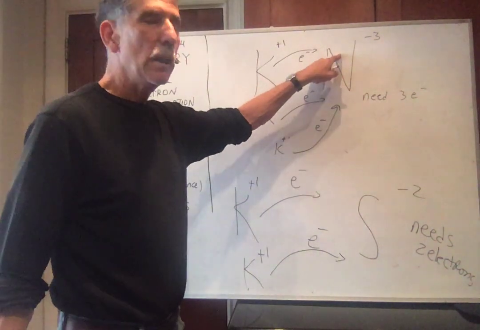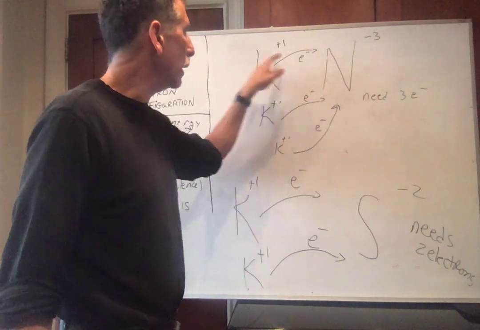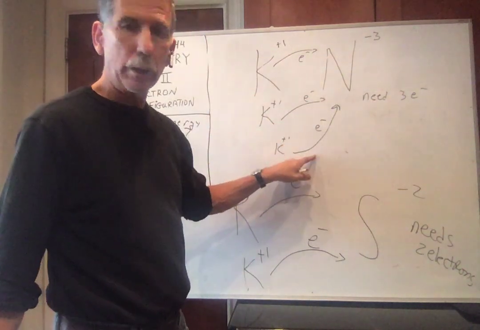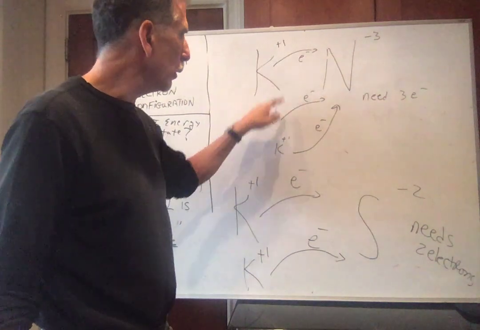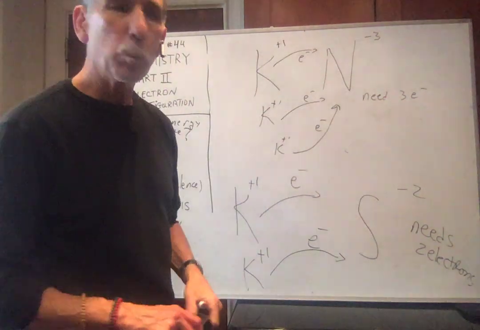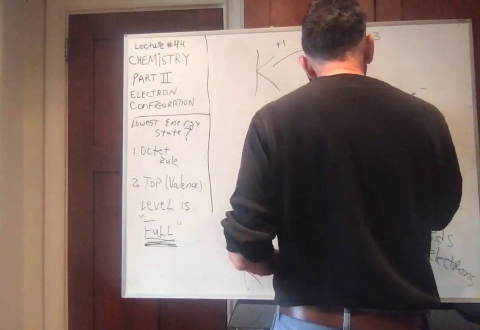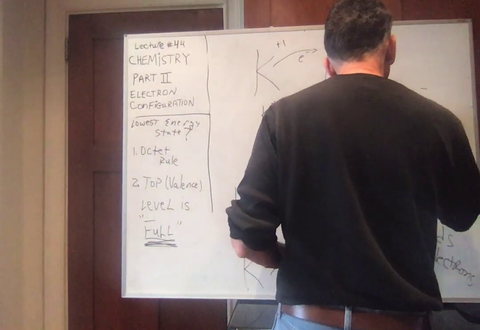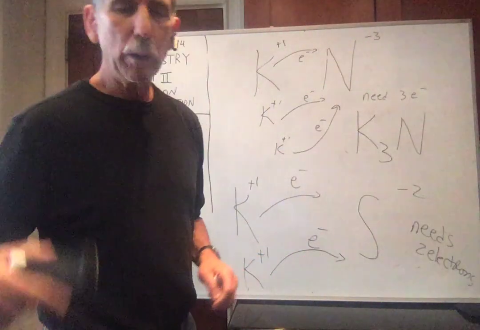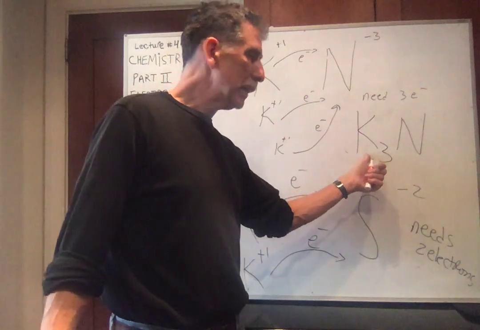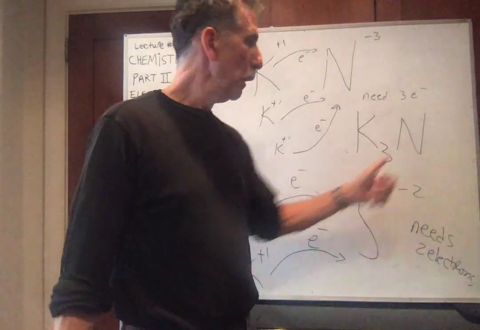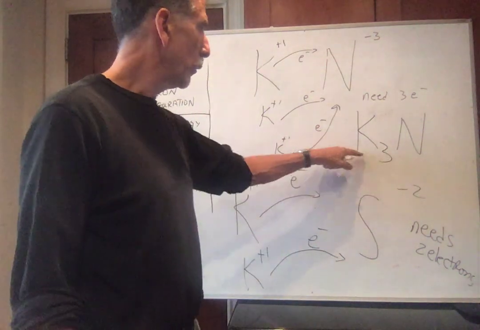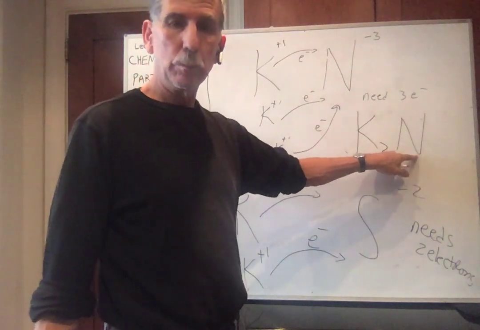So since nitrogen needs three electrons and each potassium gives one electron, you have 1, 2, 3 potassiums with one nitrogen. We would write this formula as K3N. Okay, once again, we'll be naming this in a bit. Potassium nitride. Okay, 3 potassiums, 1 nitrogen.